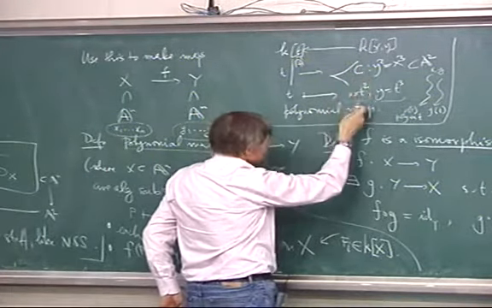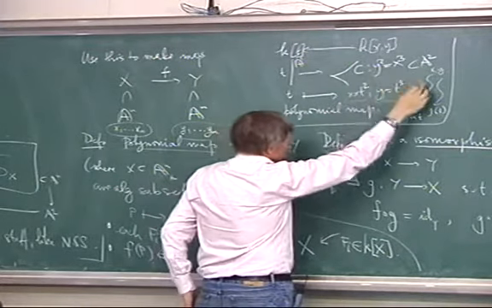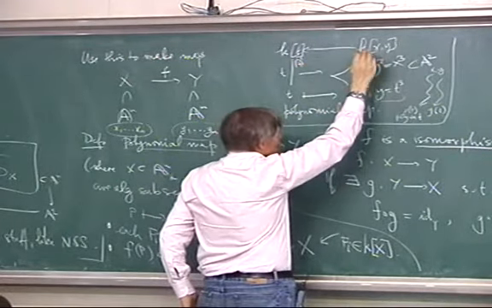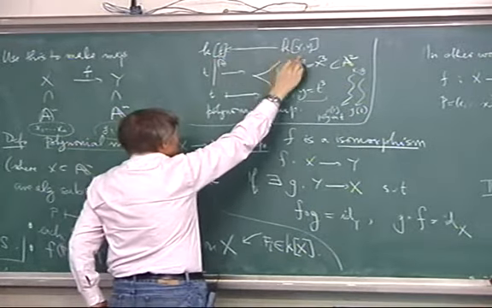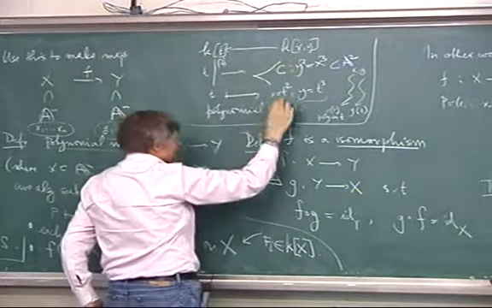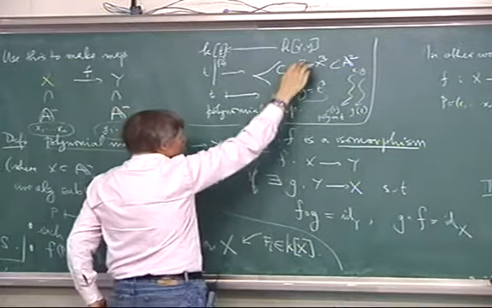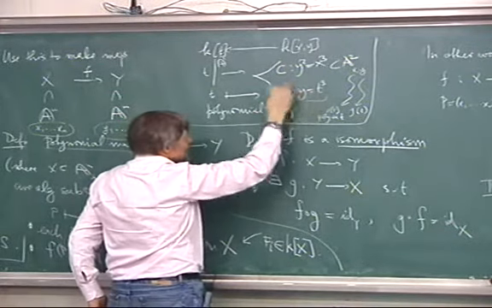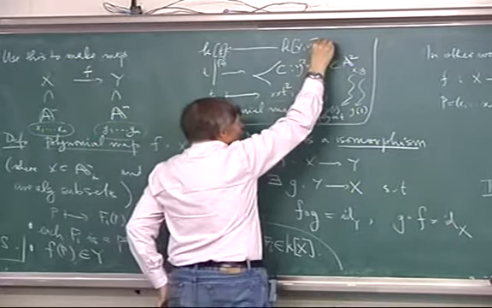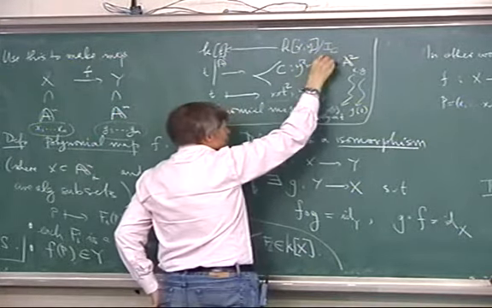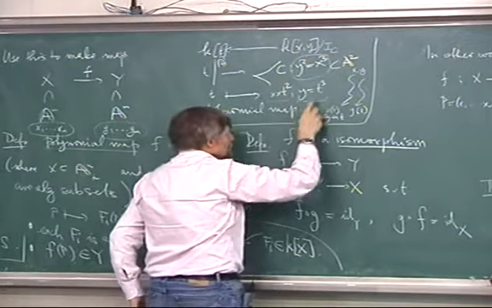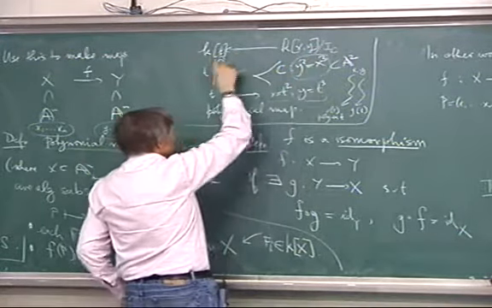That means I can make a ring homomorphism from the polynomial ring in X and Y to this by sending X into T squared, Y into T cubed, and checking that the kernel, which is generated in this case by this one element, is mapped to 0.